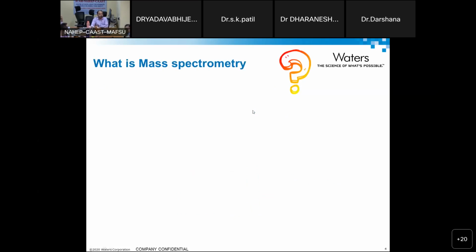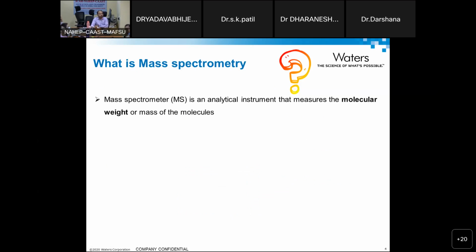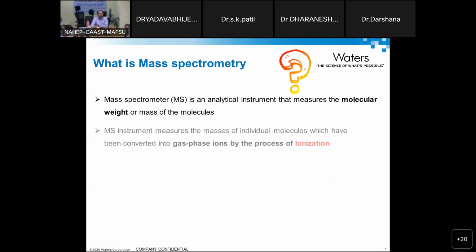So what is mass spectrometry? A mass spectrometer is an analytical instrument that measures molecular weights or masses of molecules. It measures the masses of individual molecules which have been converted into gas phase ions by the process of ionization.